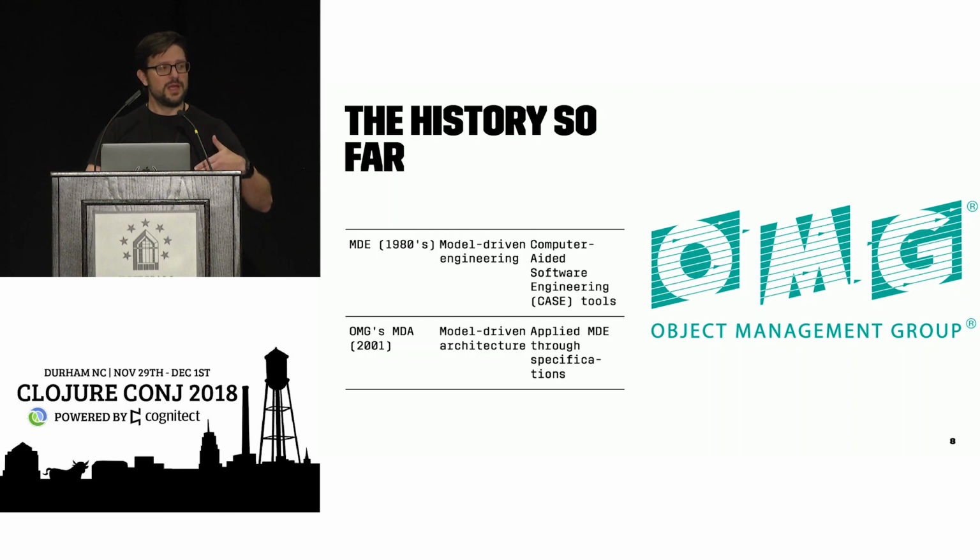If you really like history of computers and engineering, there is this whole idea of model-driven engineering all the way from the 80s, and this was later applied via a very specific, very thorough specification called MDA, by the Object Management Group, back in the early century.